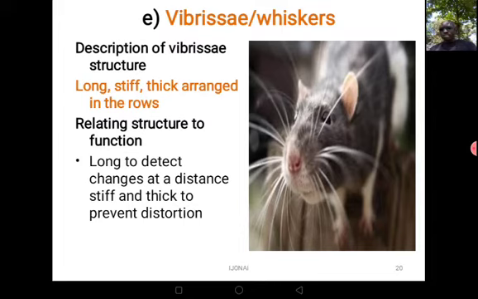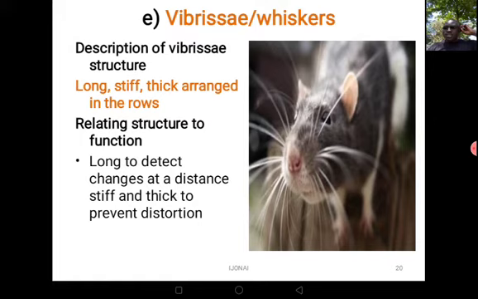So let's relate that to the function. They are long to detect the changes at a distance. In fact, they are used to judge the size of the hole they are supposed to burrow in, so they can detect any change in the environment.